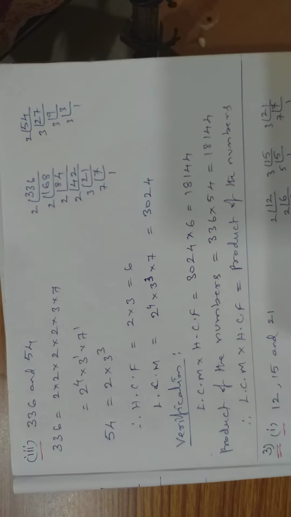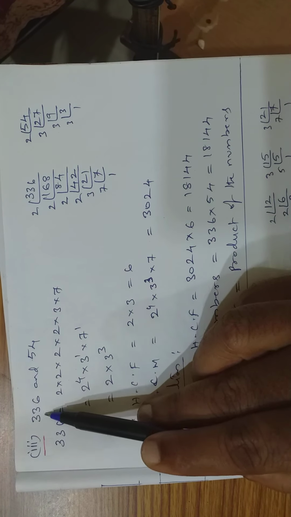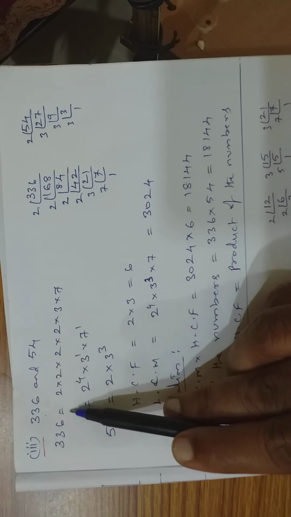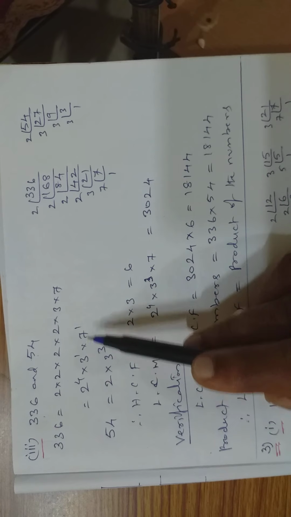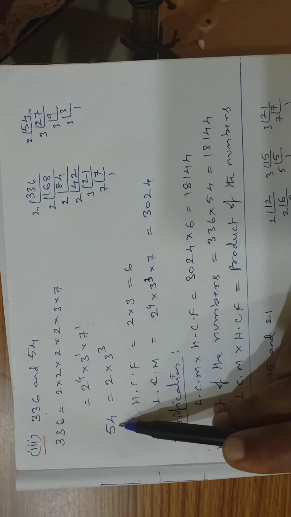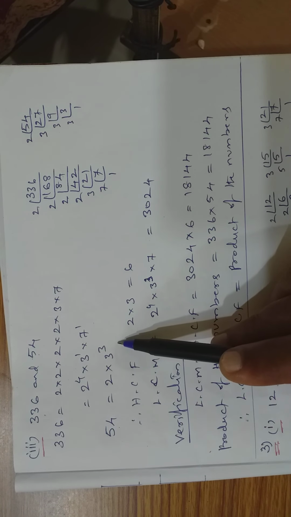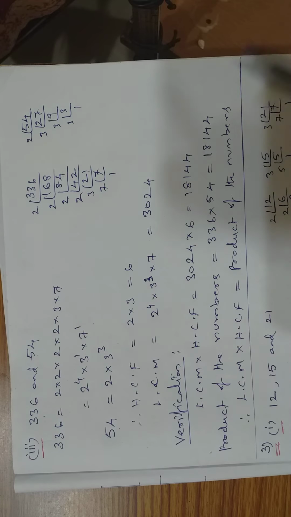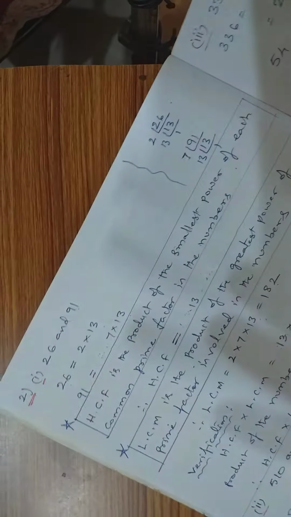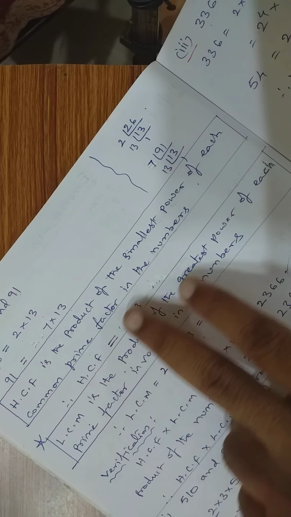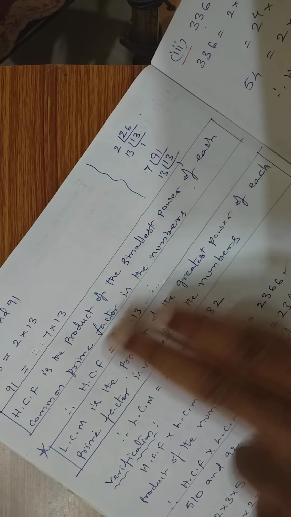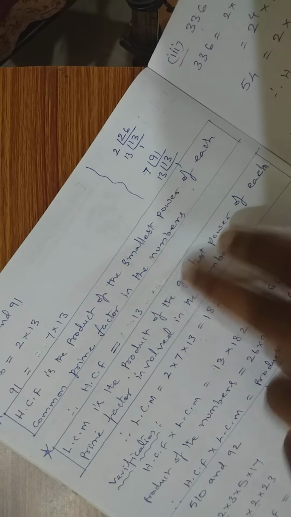Now look at the third problem: 336 and 54. Let us write the prime factorization of 336. That is 2 power 4 into 3 into 7. And the prime factorization of 54 is 2 into 3 cube. Now HCF. As we have learned in the previous problem, the HCF is the product of the smallest power of each common prime factor in the numbers.